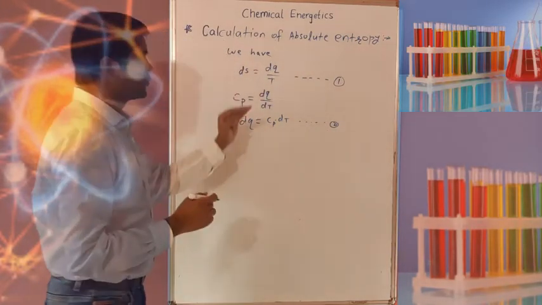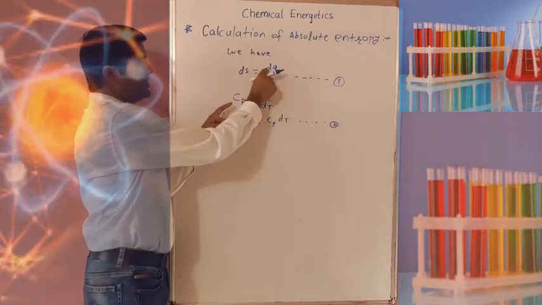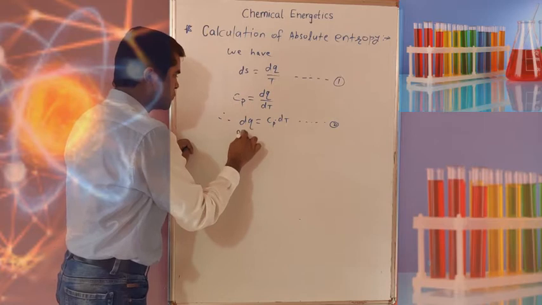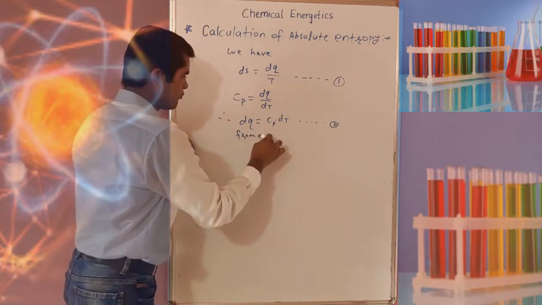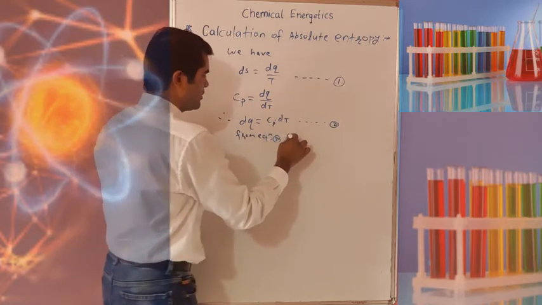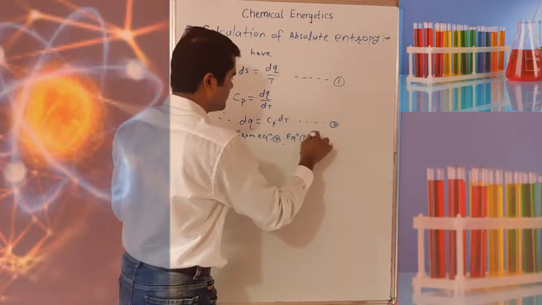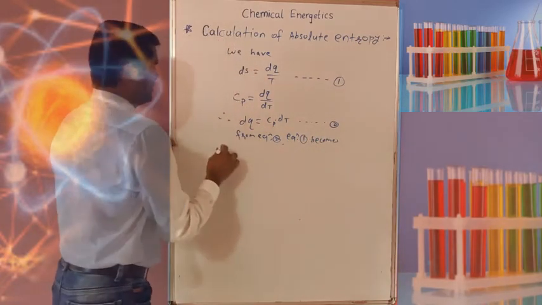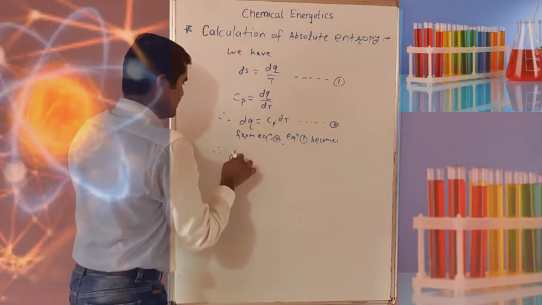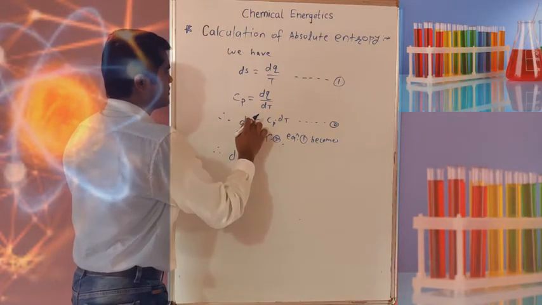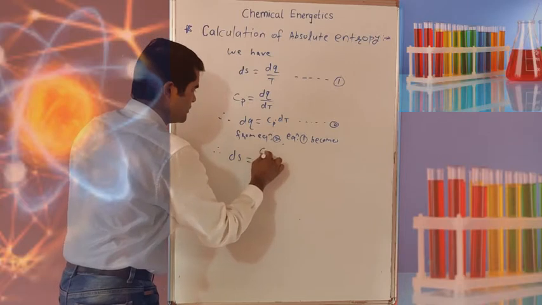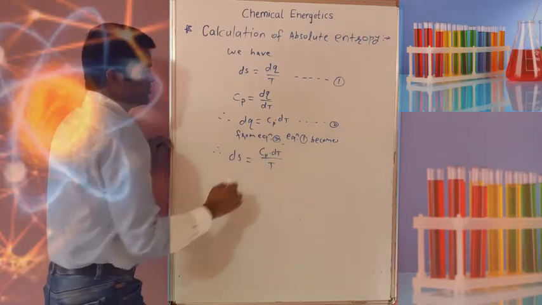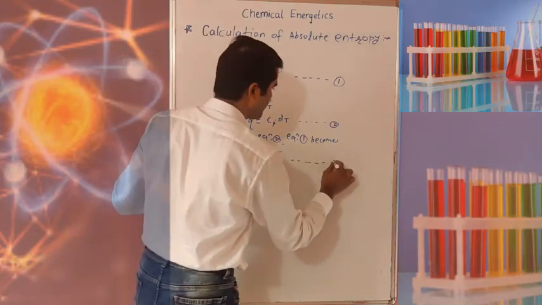Now from equation 2, equation 1 becomes: dq is equal to Cp dT, so instead of dq we put Cp dT. Therefore dS is equal to Cp into dT upon T. So this is equation 3.